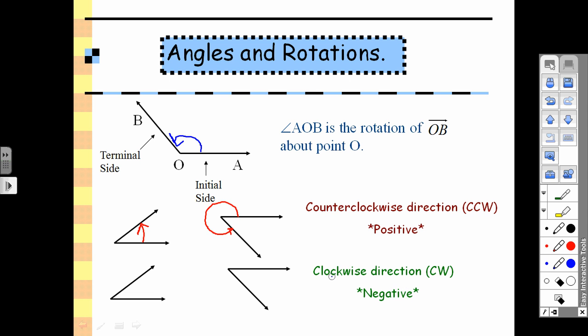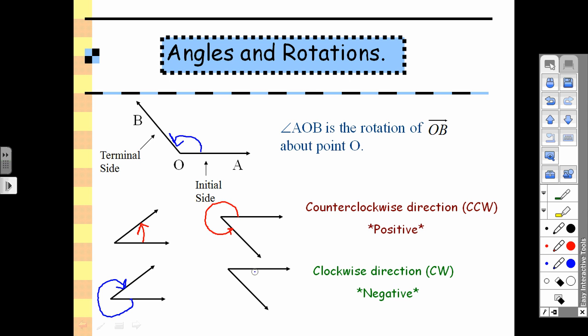And so going in the clockwise direction, which I abbreviate with the CW, that's going to give you a negative angle. So for example, over here, where this angle looked identical to this one above, going in the clockwise direction, now I go like this, and I get a much smaller angle because it'll be negative.